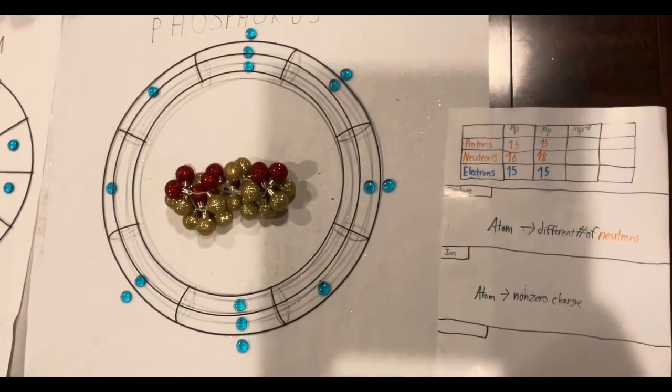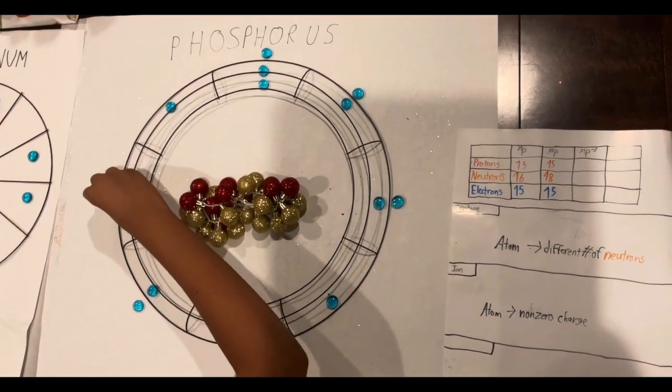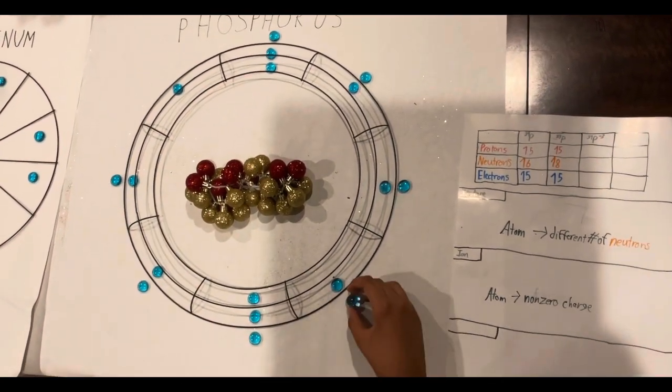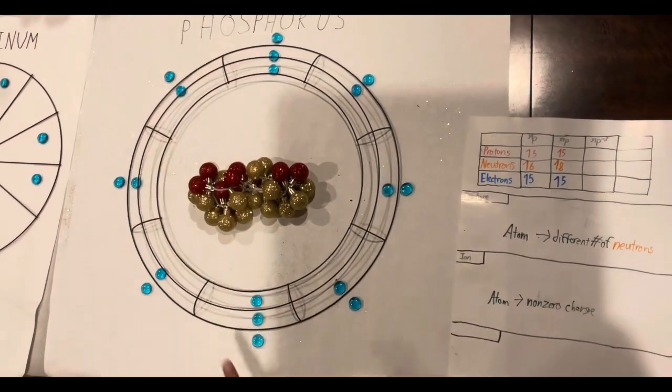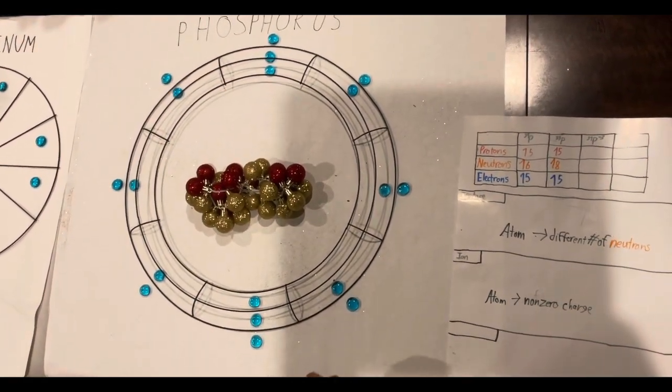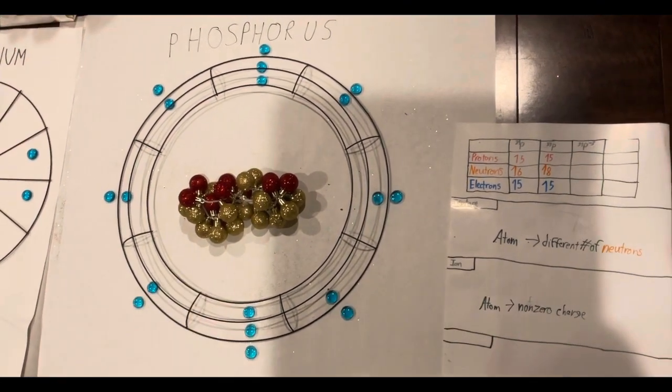So if you add 3 electrons, as so, 1, 2, 3, you have actually subtracted 3 from the net charge of this atom, which is now an ion.